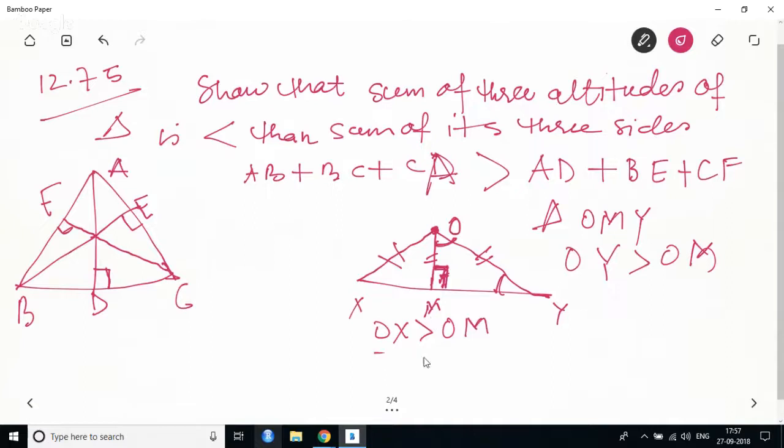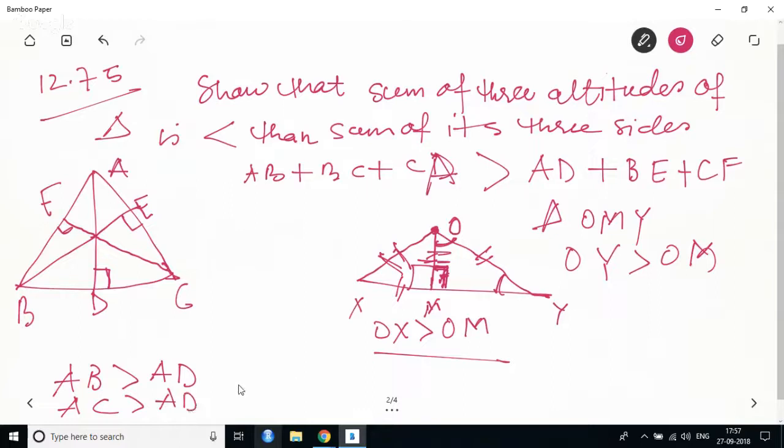Or even if you don't know it, by the Pythagoras theorem, you can say that the hypotenuse is greater than the base and the perpendicular also. Look here, if this is 90 degrees, it can easily be said that AB is greater than AD, and AC is greater than AD.